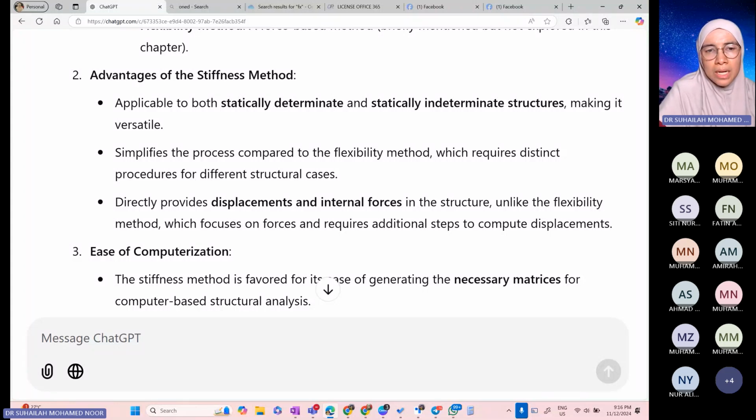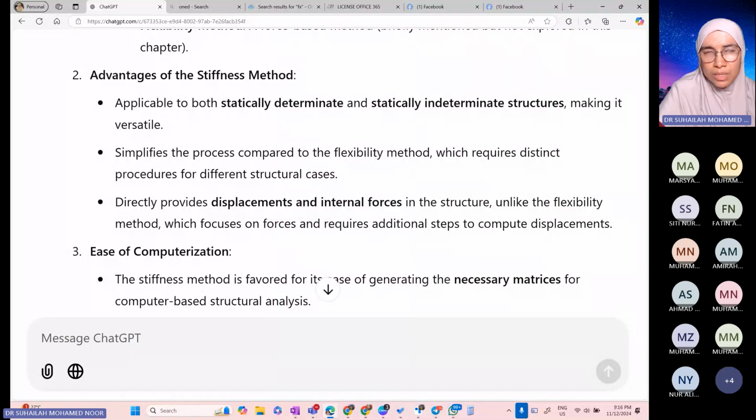Okay, and point number 3 under advantages, cuba tengok: directly provides displacement and internal forces. Means that if we refer back to flexibility method, we only use flexibility method to calculate reaction and internal forces. We cannot get displacement by using flexibility method. We only get redundant.